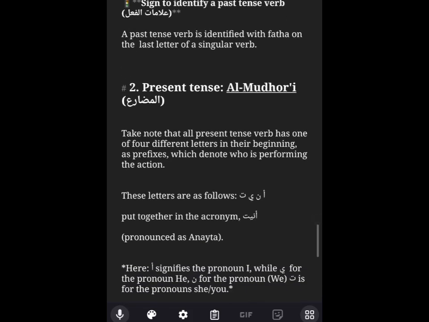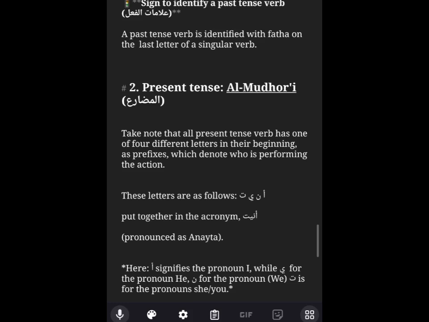Just like I said, it refers to present time, الفعل الدال على وقت حاضر, present time, أو وقت المستقبل, the future time. That is an imperfect tense for you, فعل مضارع.